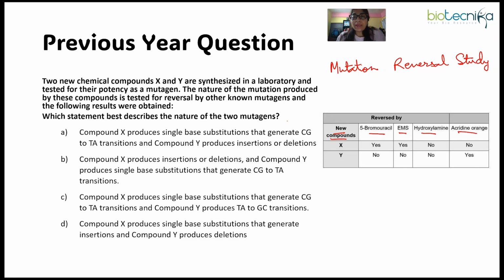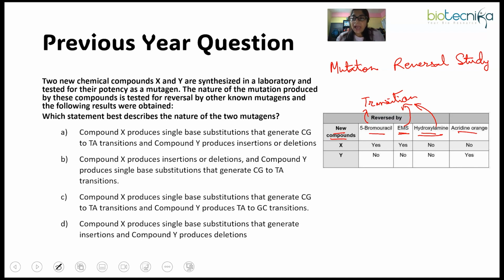So 5-bromouracil, what kind of mutation does it cause? It causes transition base substitution. EMS stands for ethyl methane sulfonate, which is an alkylating agent, and that also results in transition. Hydroxylamine is a hydroxylating agent and it also causes transition.